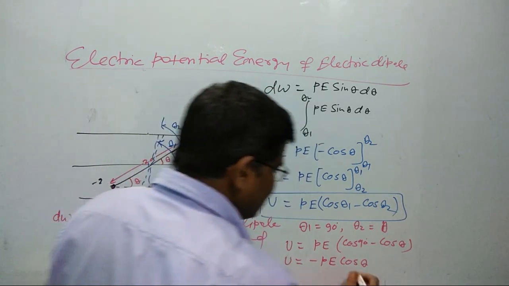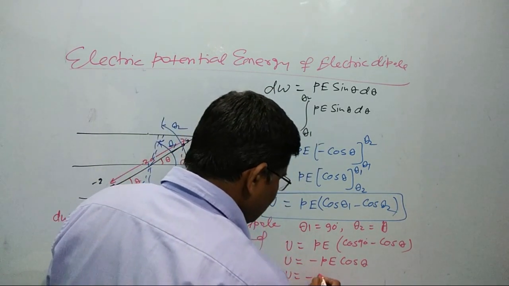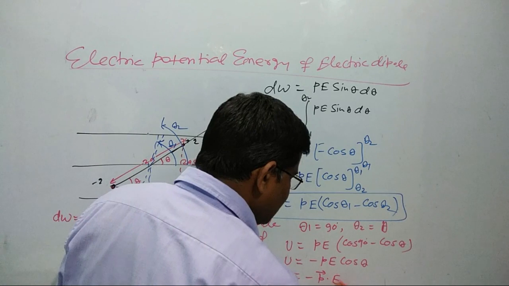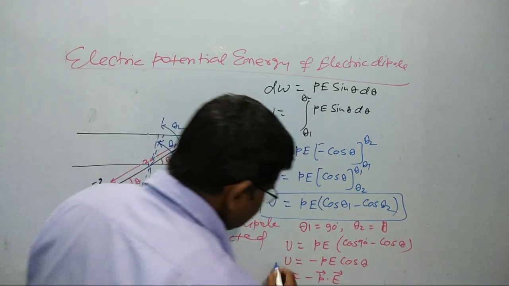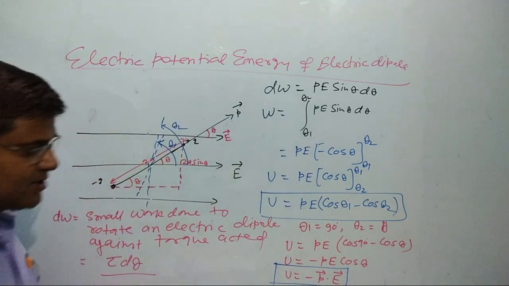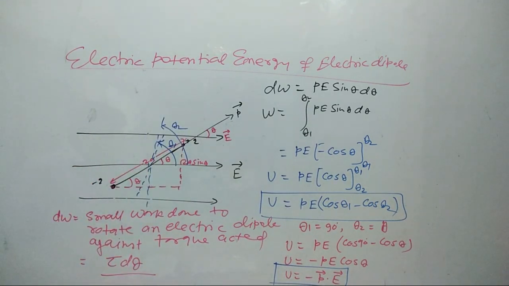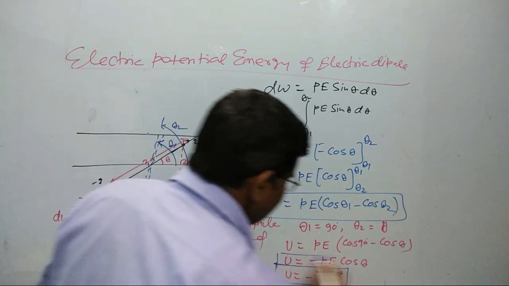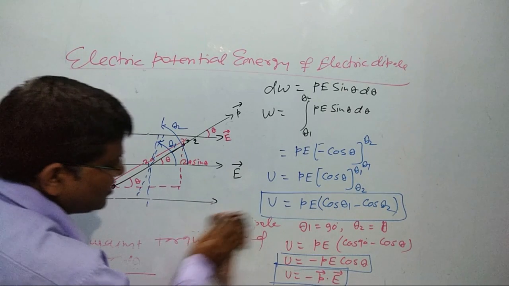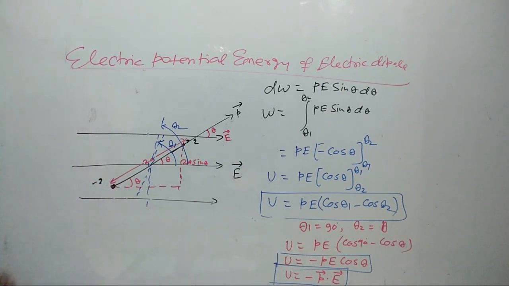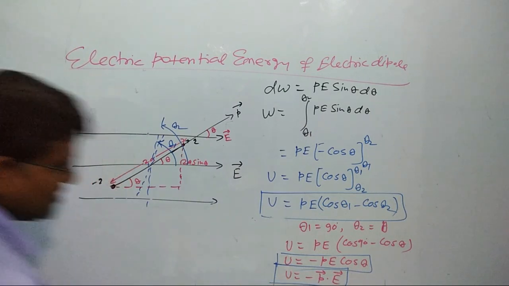In vector form, U equals minus p vector dot E vector. This is a very important relation. If you want only the magnitude, then minus pE cos theta, and with direction, in vector form, you may use the dot product. This is the dot product, hence it is a scalar quantity.